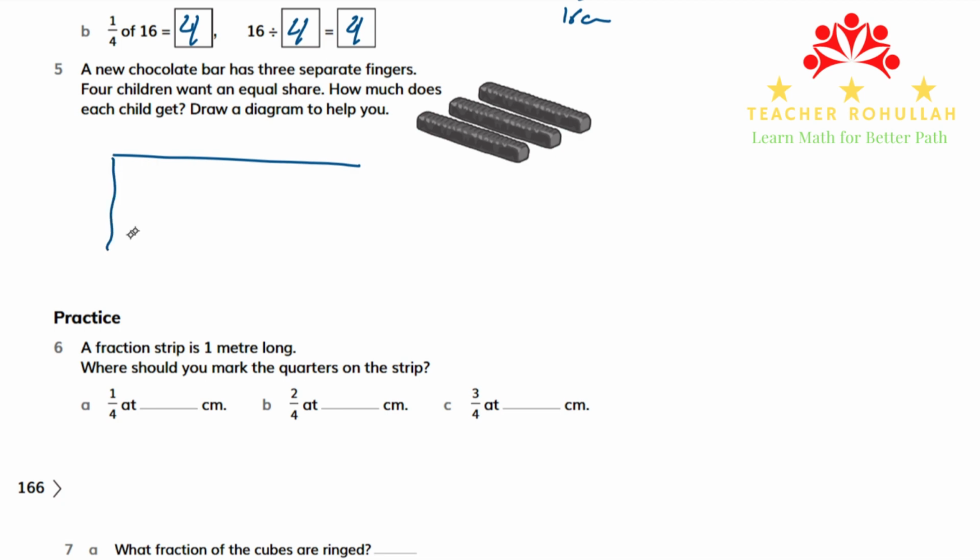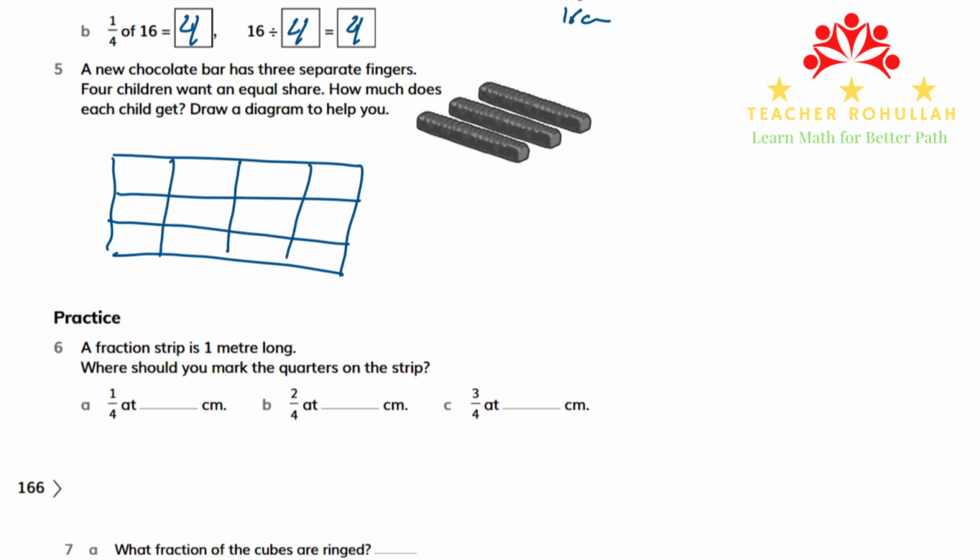We suppose this is a chocolate bar, and this chocolate bar has 3 fingers. So to equally divide it between 4 students, we have to cut each finger into 4 equal parts. Now it says, how much does each child get?